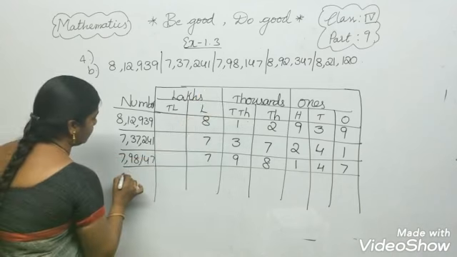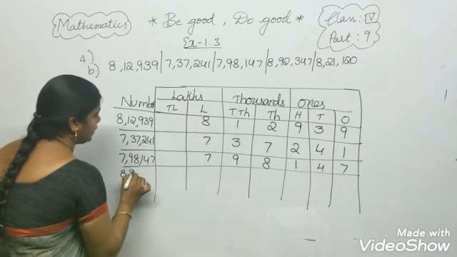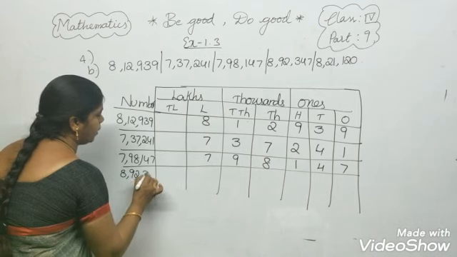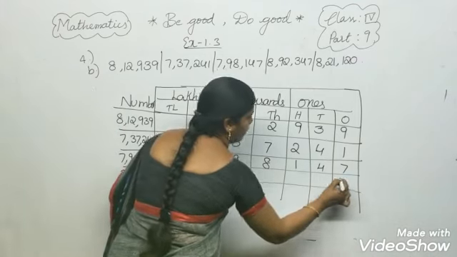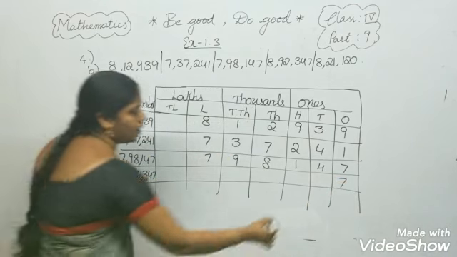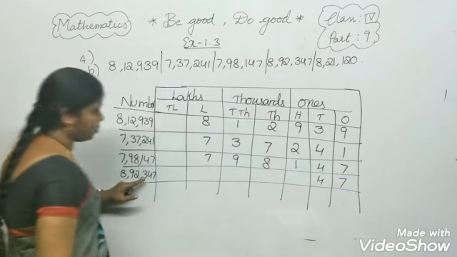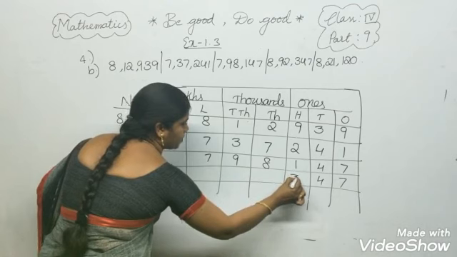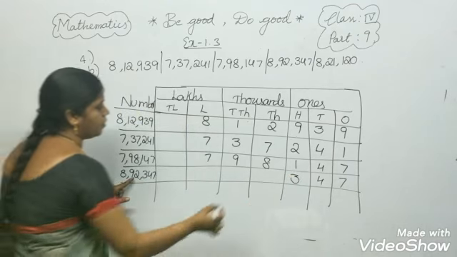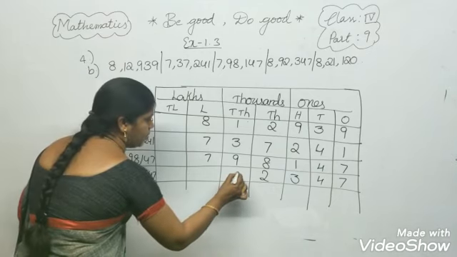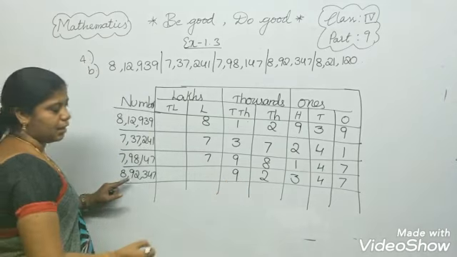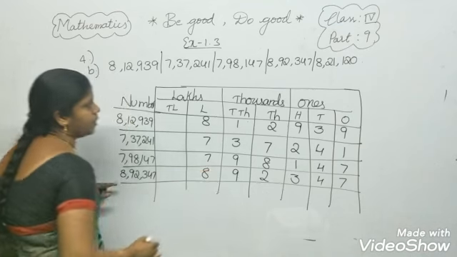Now the fourth number, 8,92,347. In the ones place 7, in tens place 4, hundreds place 3, thousands place 2, 10,000s place 9, and in lakhs place 8.